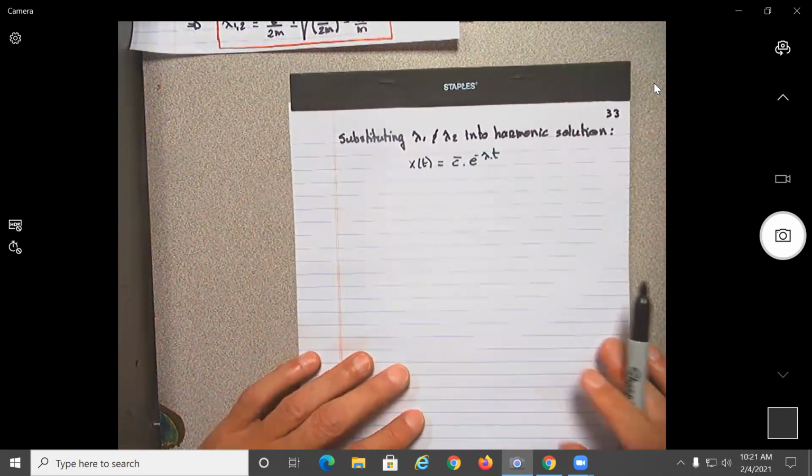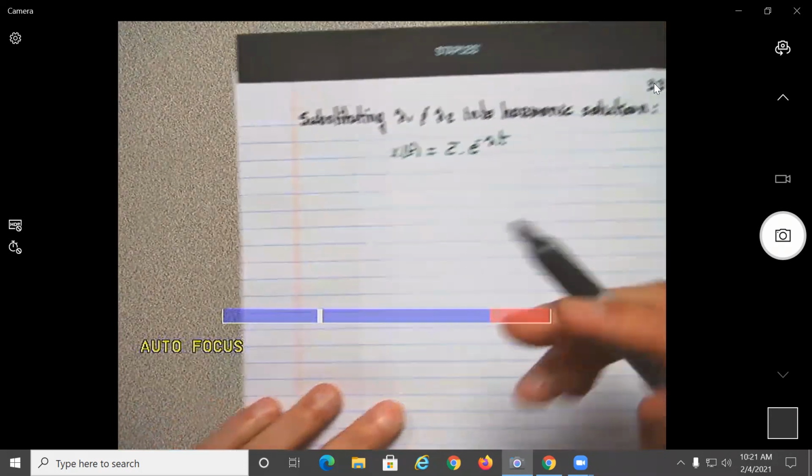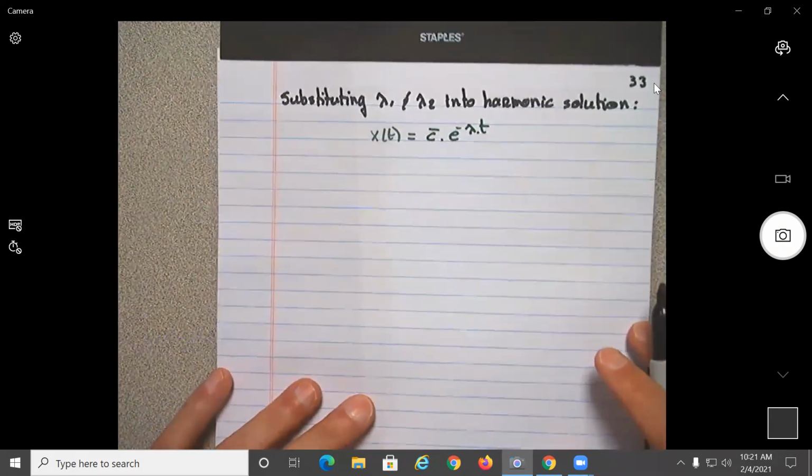Here, be careful, this marker is too thick, so I don't know if it's going to be that clear. I'm trying to zoom in.